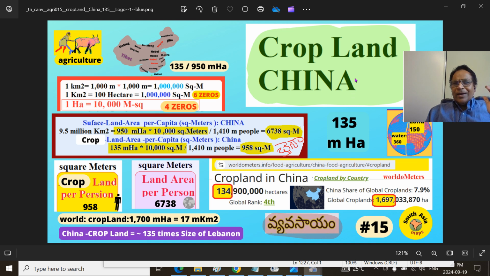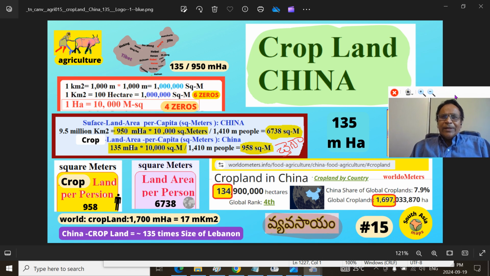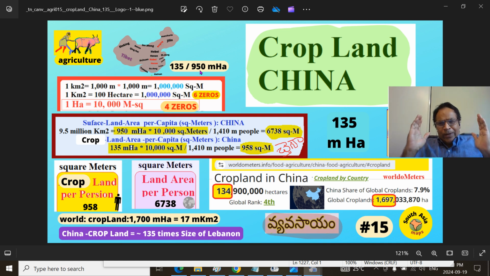China has around 135 million hectares of cropland, and its geographical area is around 950 million hectares. After this presentation, you will get a very great clarity of the cropland in China, with perspective comparison to cropland overall on planet Earth.